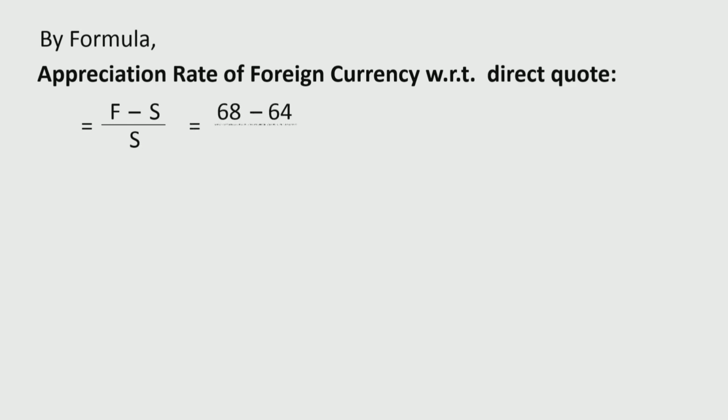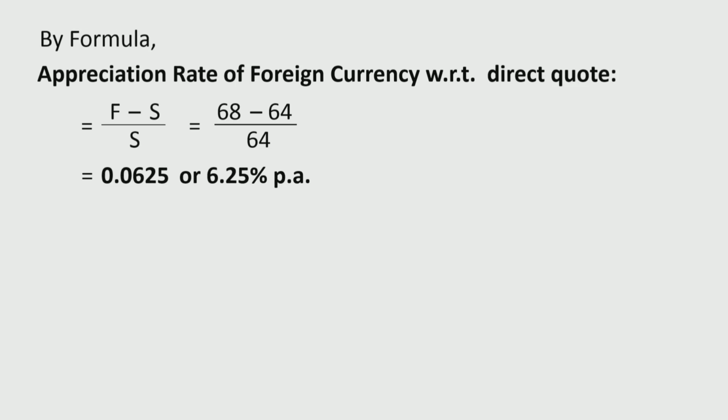We may write up the same thing by applying a formula. Appreciation rate of foreign currency with respect to direct quote would be F minus S divided by S. F stands for forward rate and S stands for spot rate. So it will be 68 minus 64 divided by 64. You will be getting the same result, that is 6.25%.